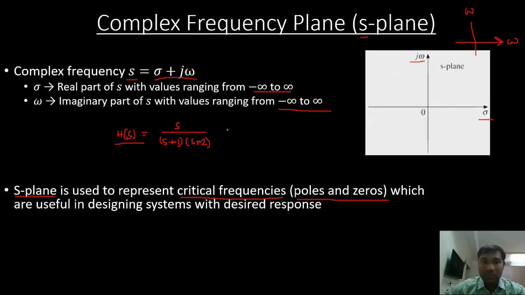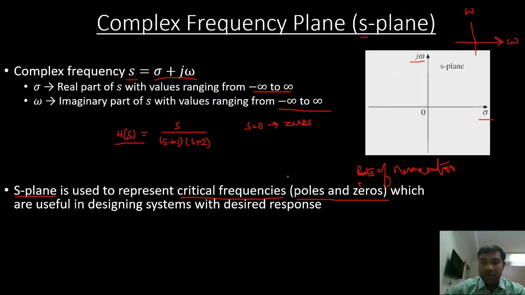Now what is a zero? Zeros are nothing but roots of the numerator. If I make the numerator 0, what will I get? s equals 0. So this is the zero of my system.